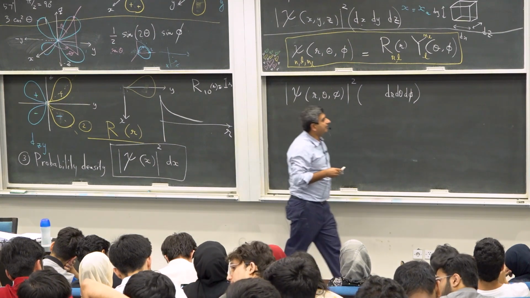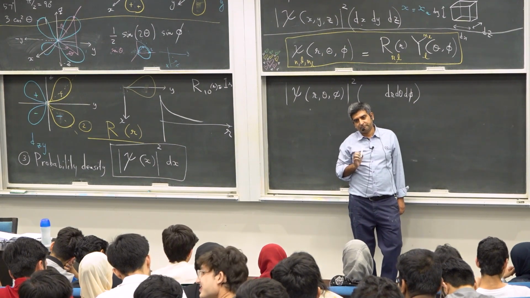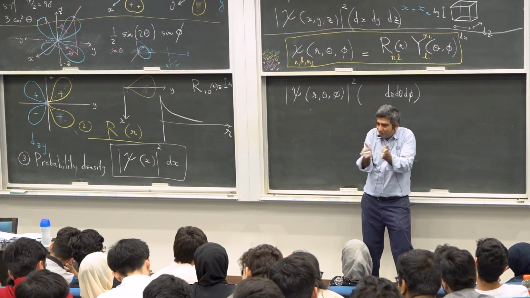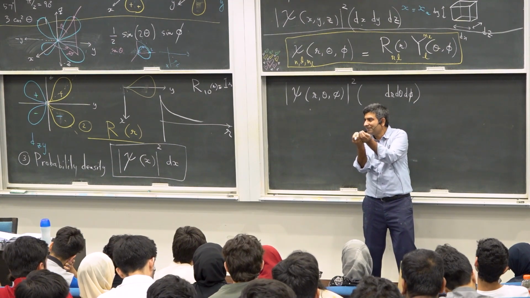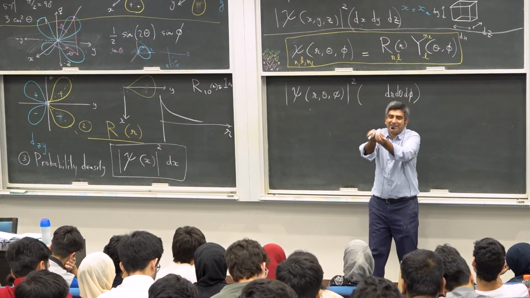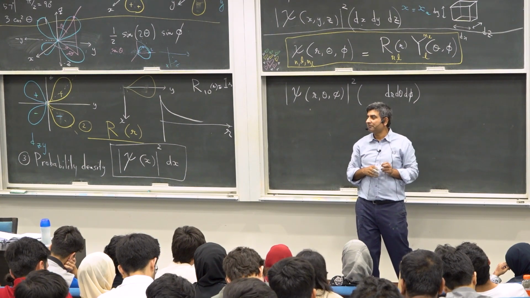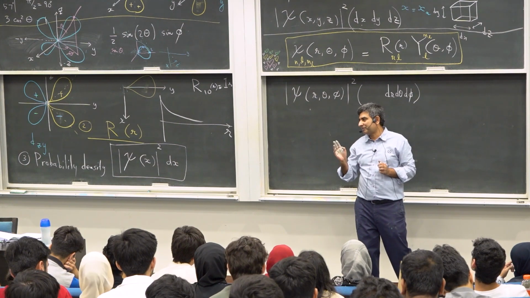So in 3D, we first of all have to define a volume element. A 1D volume element is a small length. In 3D, it's a small cube. What is it in 3D in a spherical situation? Shell, but a shell is 2-dimensional.